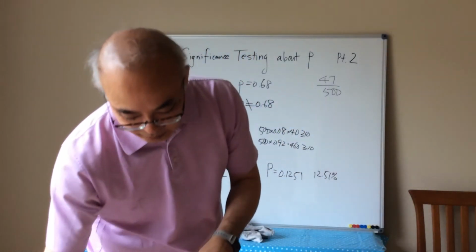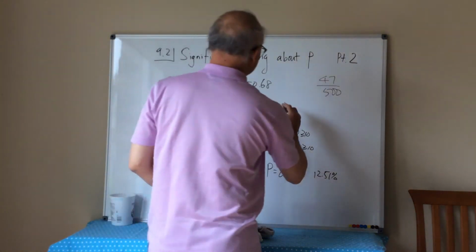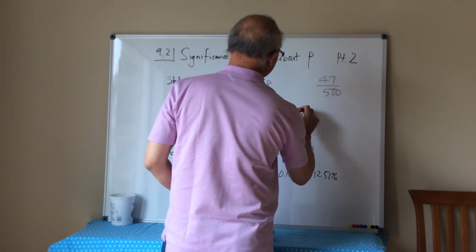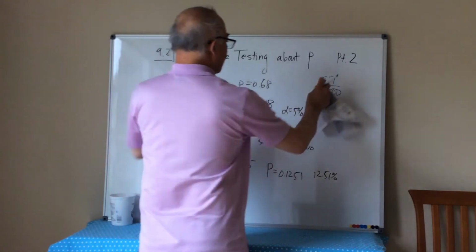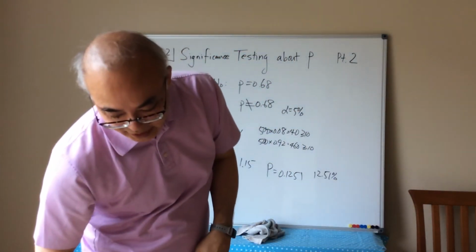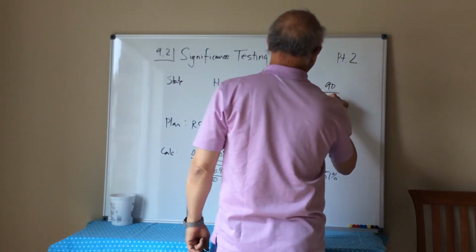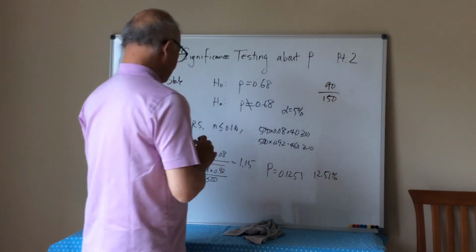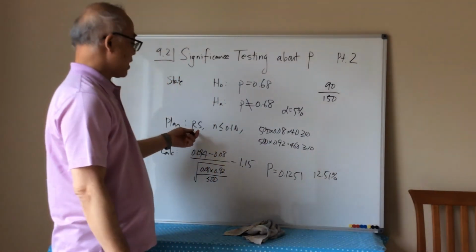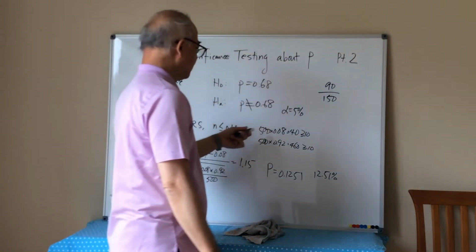Does it give an alpha? I don't remember reading an alpha here. So there's no alpha, meaning the alpha is going to be 5%. And we had 90 out of 150. It's a random sample, and it's a large urban school, so this is good.